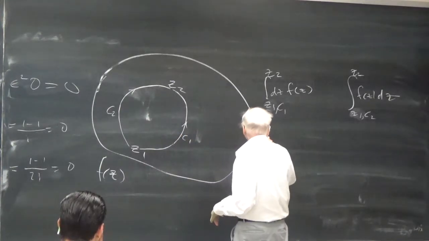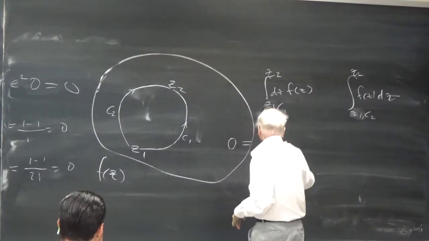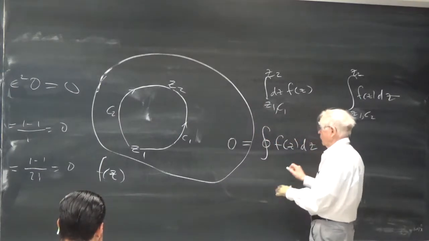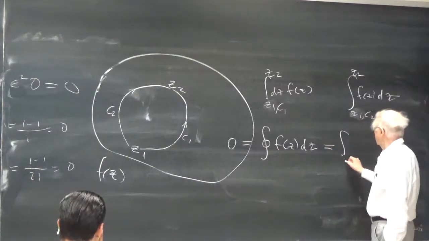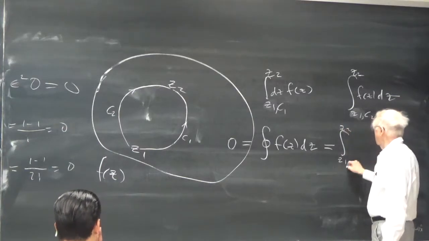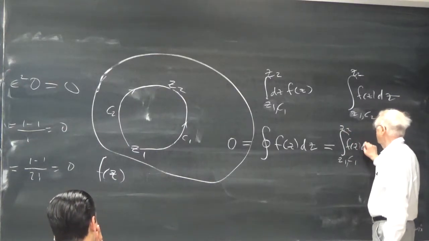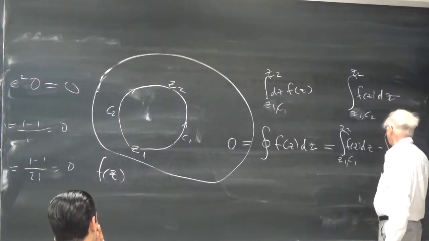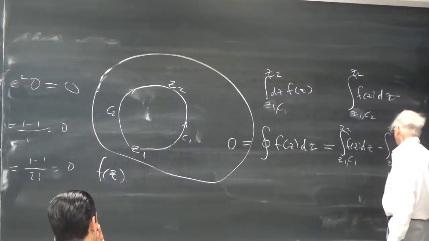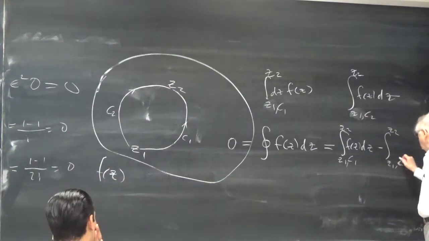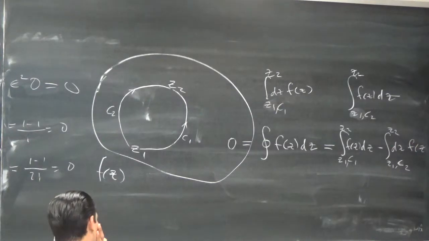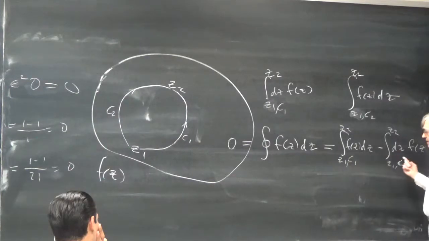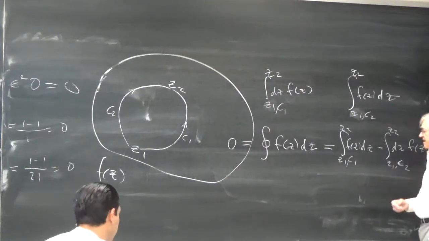So 0 is the integral of f of z dz around the closed contour, and that integration is the integral from z1 to z2 along c1 minus the integral from z1 to z2 along c2 of f of z dz. So since the closed integral is 0, these two have to be equal.